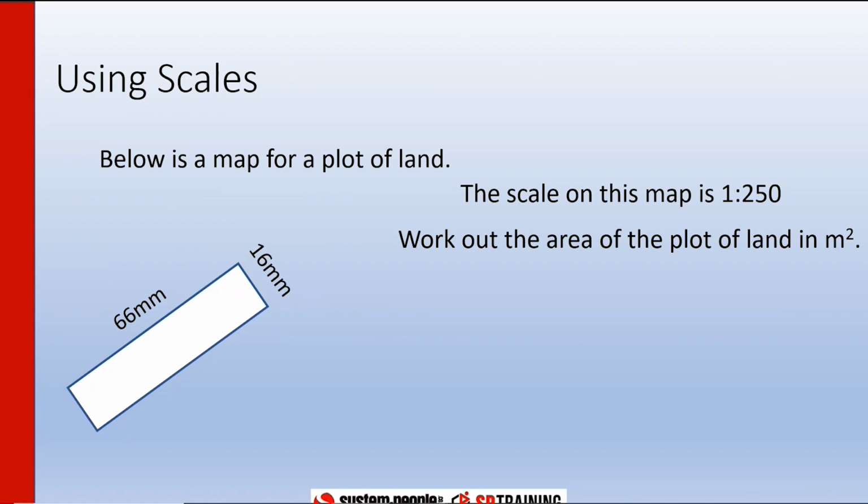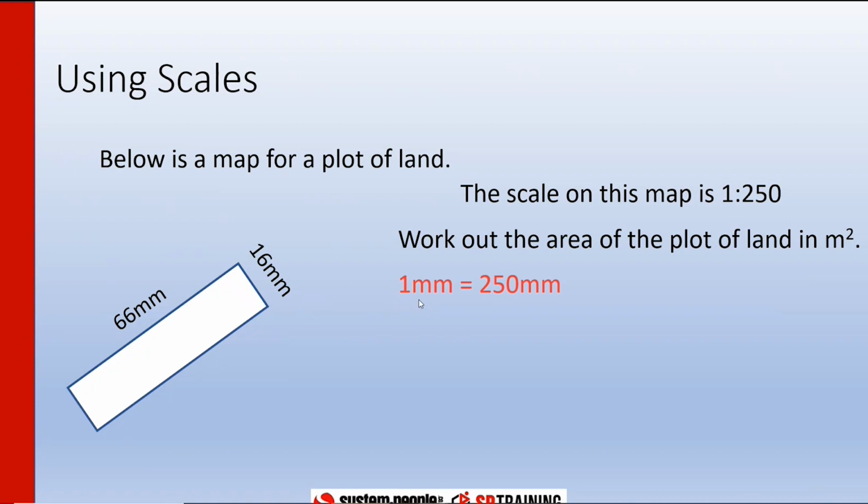Okay, so we've got to work out the area of the plot of land in meters squared. And we've given the dimensions of this plot of land of being 66 millimeters and 16 millimeters. So we've got to work out, because it's in meters squared, how many meters that represents in real life.